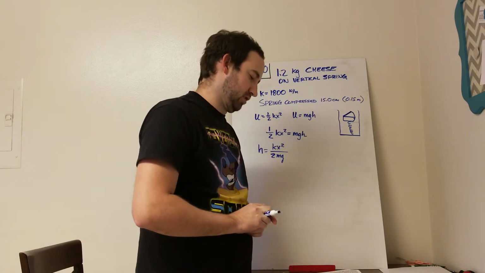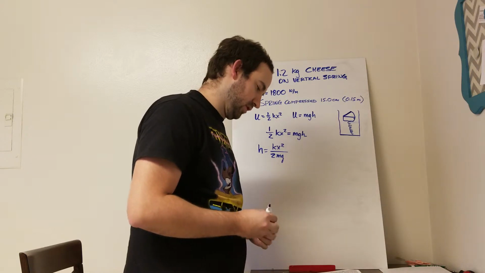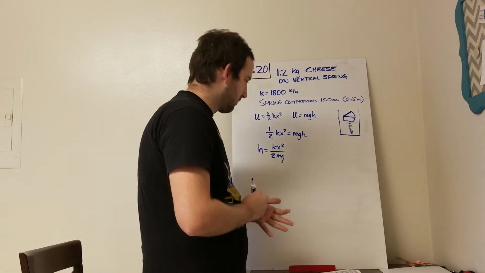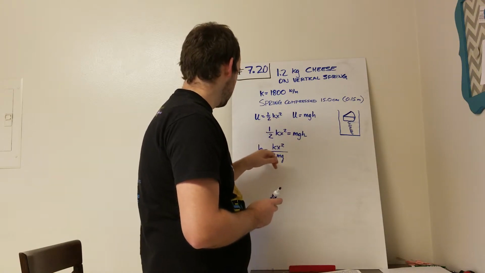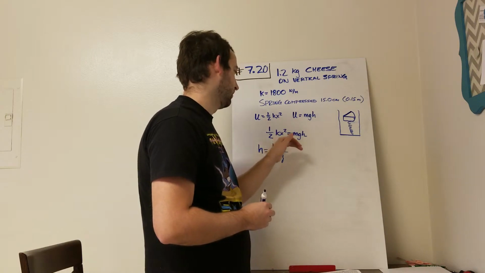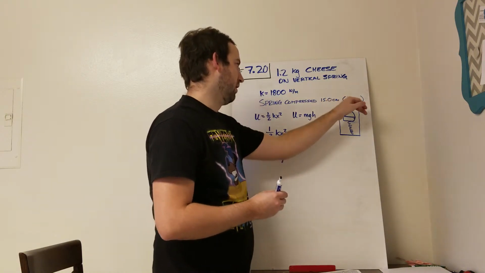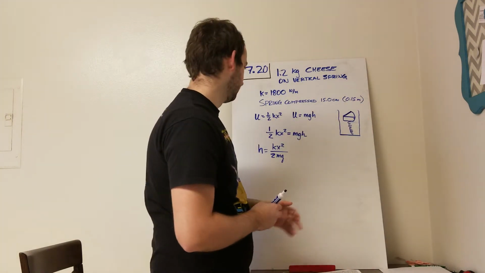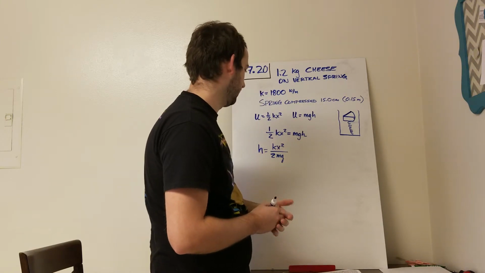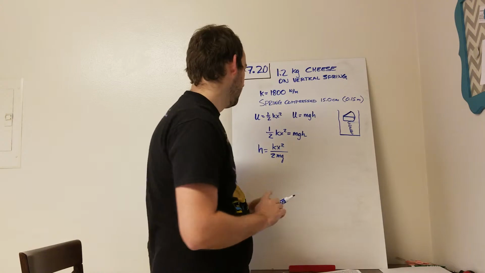And now what we need to do is plug in the numbers that we know. We know that k is 1800 Newtons per meter, the x, which is that compression, is 0.15 meters squared, and then mass is 1.2 kilograms, gravity is 9.81 meters per second squared.